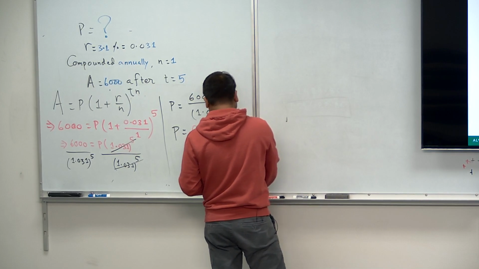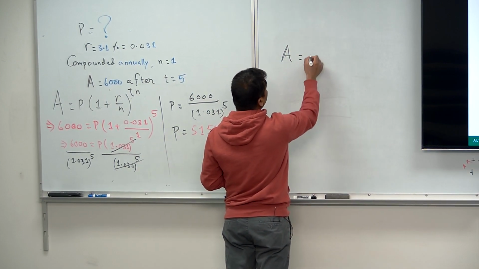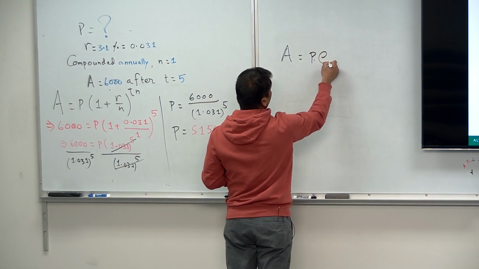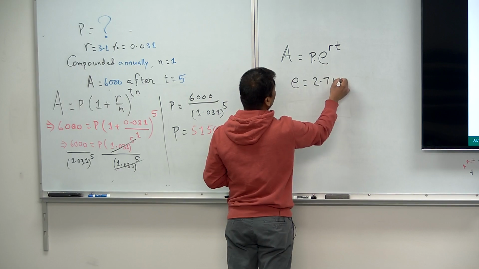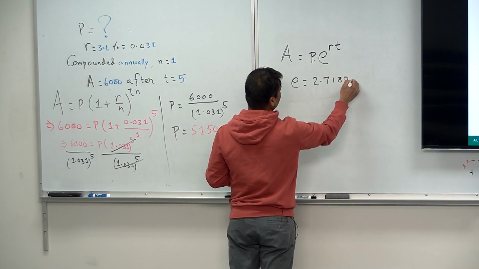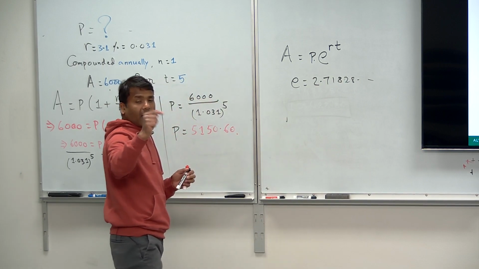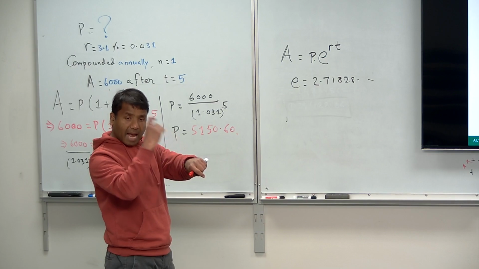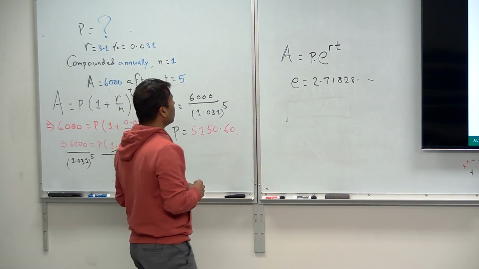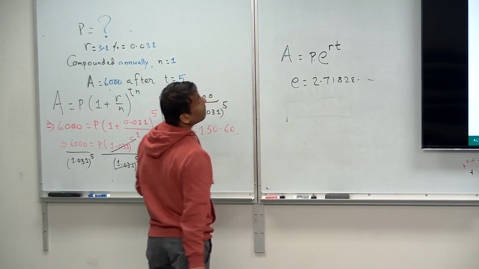A is the future value, P is the present value, and e is about 2.71828. In your calculator, you have a key that has e. Did you get it?